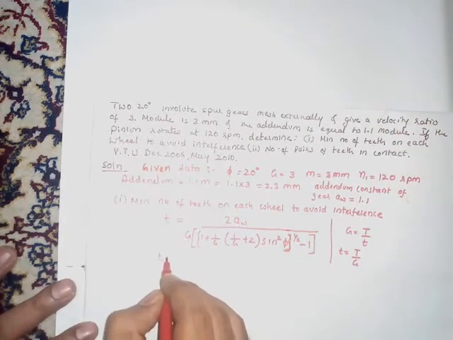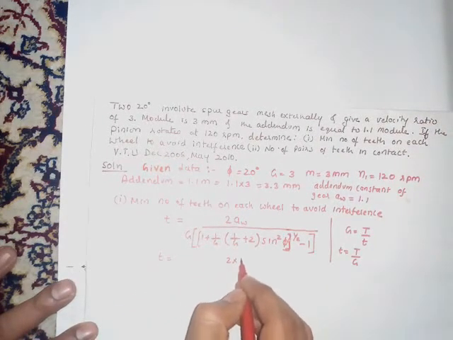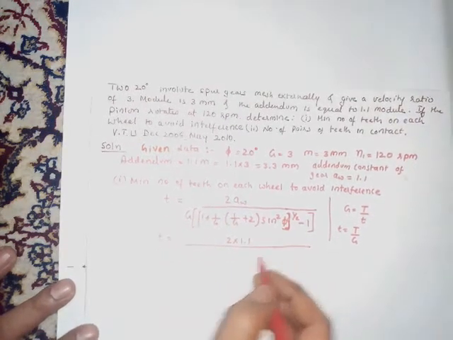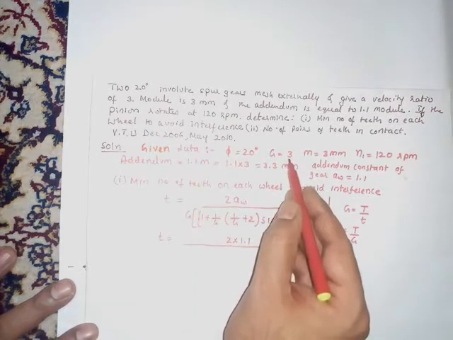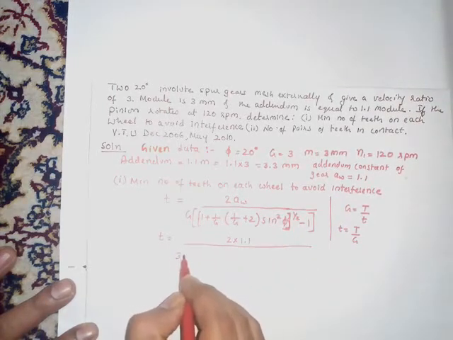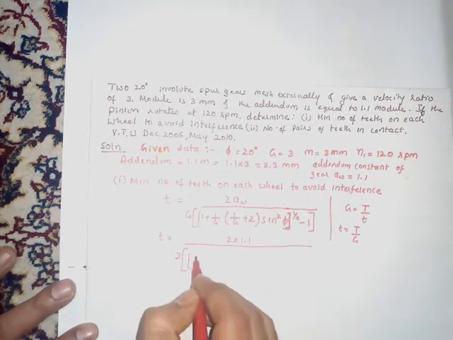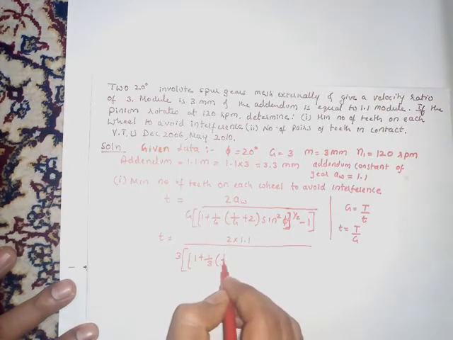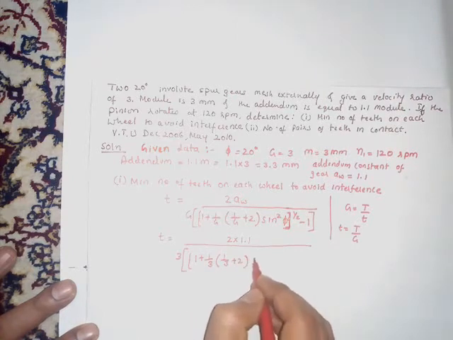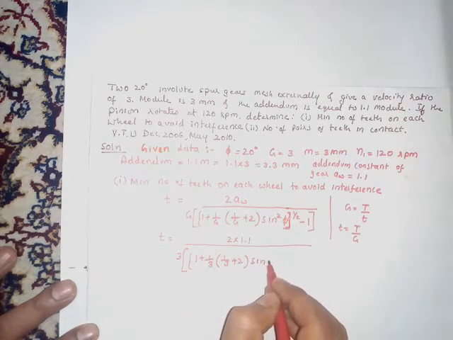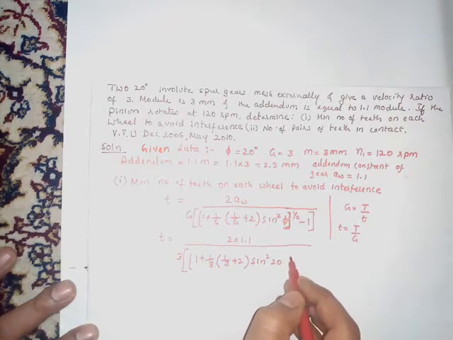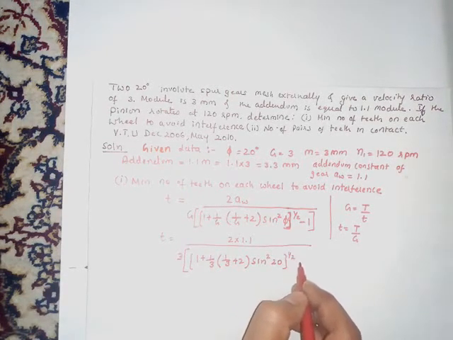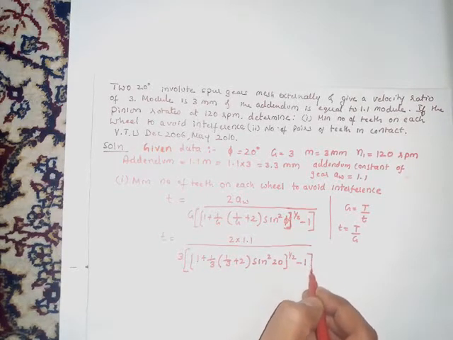Now if I try to substitute the values, I'll get t is equal to 2 into 1.1 in the numerator divided by value of G is 3, so I'll write 3 here, 1 plus 1 by 3 into 1 by 3 plus 2 sine square 20, and this is raised to half minus 1.